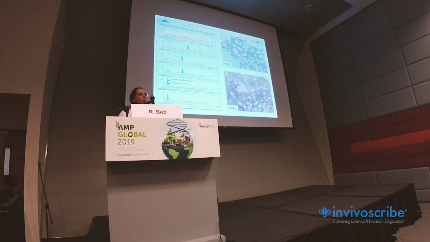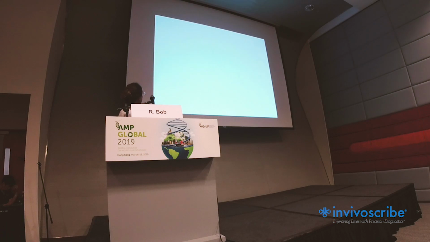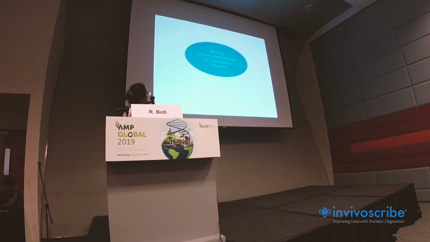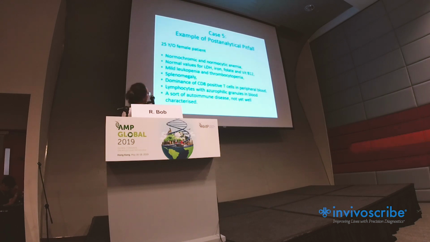So we have a quite dominant peak, but it doesn't mean a neoplasm. So that was the diagnosis, and of course the clinician agreed with this diagnosis. It also fits the clinical data. Message: not every dominant peak or clone means a neoplasm.